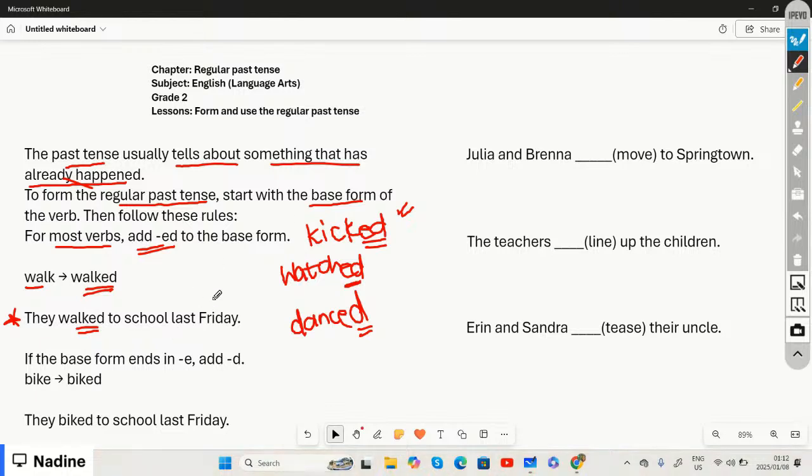And if the base form of the verb ends with an E, like for example, dance, then all we do is we just add a D to show the past tense form of the verb. For example, bike. I have a bike.